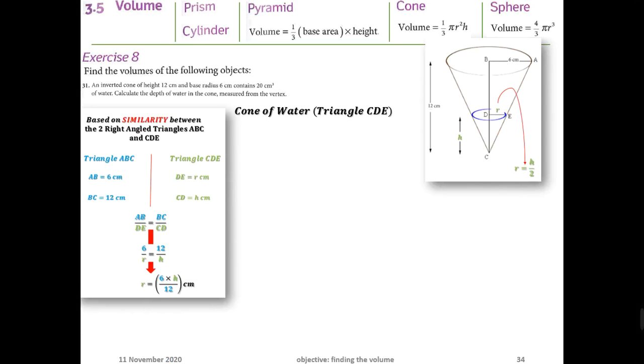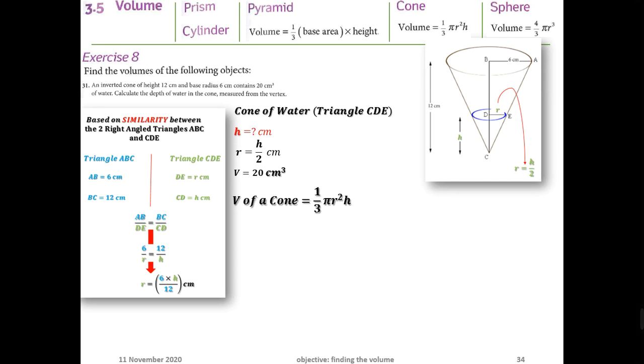Now we're going to write the formula for finding the volume of a cone. So the volume of the cone is one third pi r squared H. So H is unknown, and R as an expression in terms of H is going to be H over 2. And the volume which is given in the question, it contains water of volume 20 centimeter cubic.